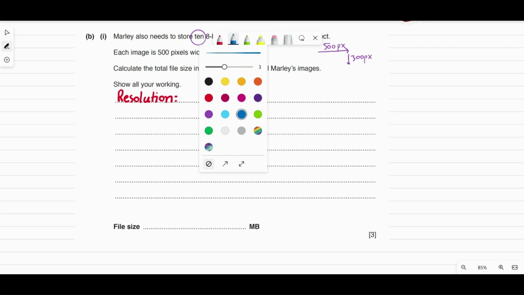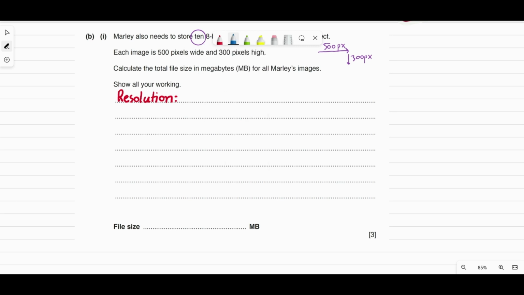Resolution is always finding the area, width multiplied by height, which gives us 5 times 3, 15, and the zeros remaining as they are. The unit must be written as px, so write px with it. So this is the area, or the pixels in a rectangle of 500 by 300.